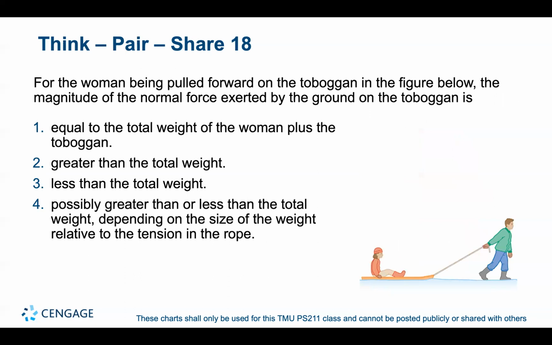For the woman pulling forward on a toboggan in the figure below, the magnitude of the normal force exerted by the ground on the toboggan is less than the total weight, because there's a component going up, and so that helps to reduce the friction that you're having to overcome. That's maybe not as intuitive until you think about it, but it's actually helping you out.